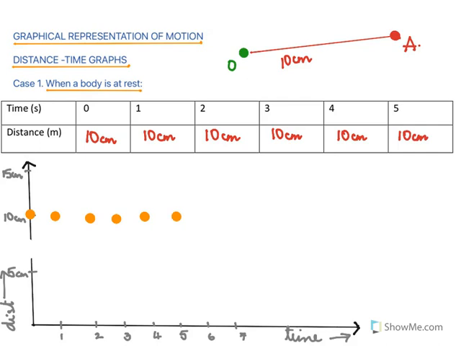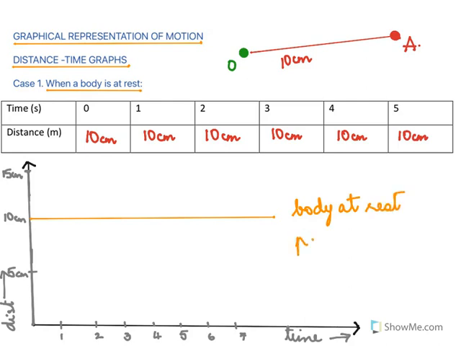And now when you join all these points, you will get a straight line. So this will be a graph of a body at rest. The graph is parallel to the time axis, which is the x-axis.